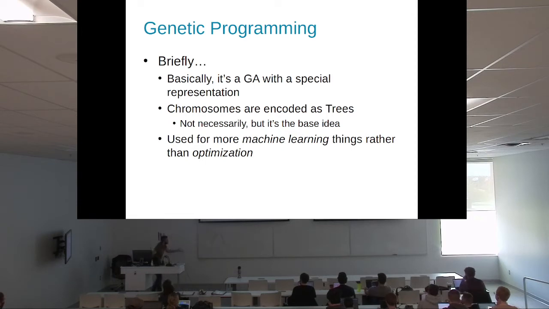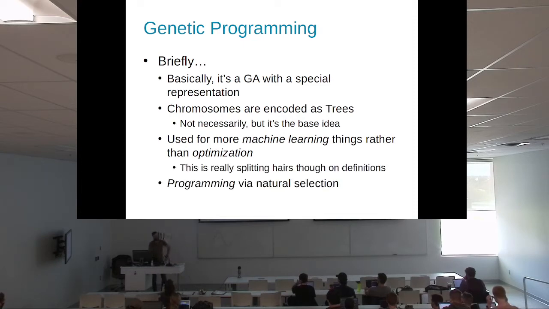But a lot of times, when we're optimizing TSP, we are optimizing the permutation, the order of the cities that we visit. With genetic programming, we're optimizing this tree structure that's typically going to represent a program. So we're optimizing a program for something. It's the idea of programming via natural selection.